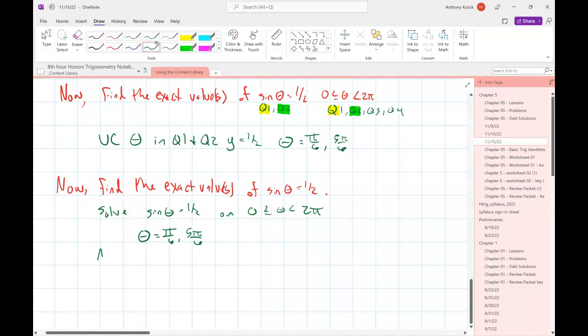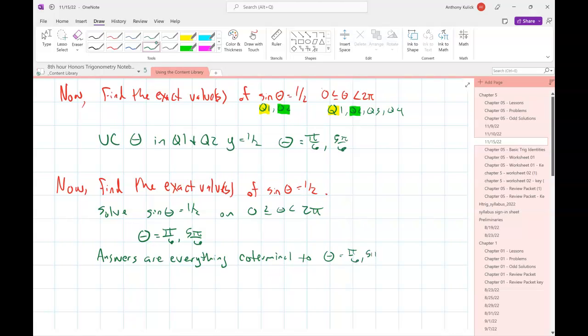Now, our answers are everything coterminal to those. How do I write that? I do like 2 pi k, where k is just some integer value.